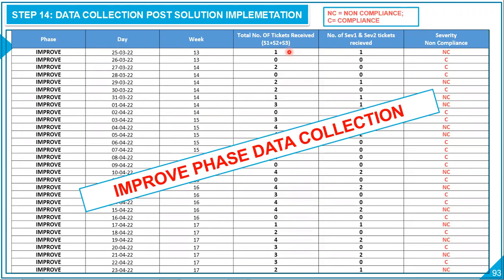S1 and S2 need to be fixed as early as possible. If you have a higher volume of S1 and S2 tickets, you need experts working on those tickets, and that consumes a lot of cost, because the experts who can resolve those issues come at a higher cost.